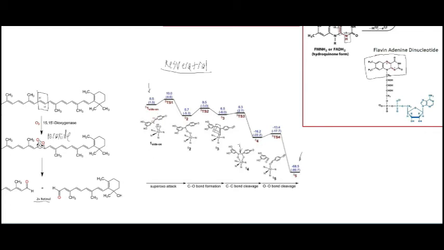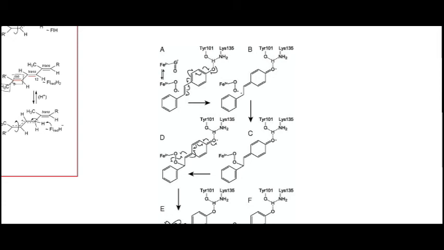I actually have a mechanism over here that's a little bit more in depth, and so we can see that our oxygen, just like in hemoglobin, is coordinating with this iron, and this coordination becomes a bond. So this bond here sort of sweeps up there and becomes a bond to the iron up here.